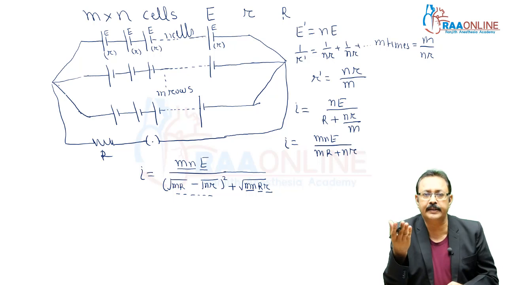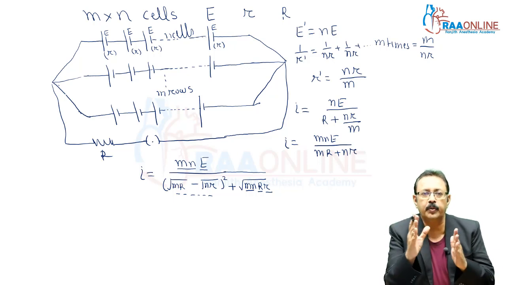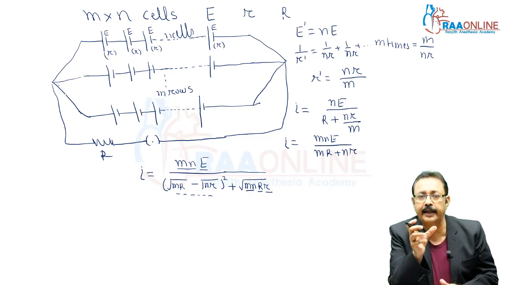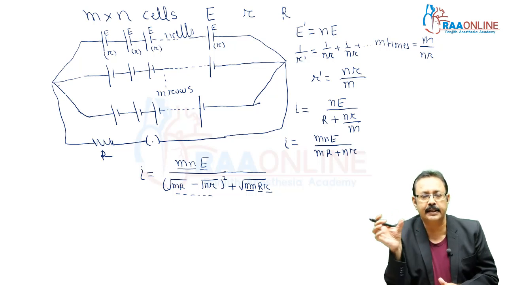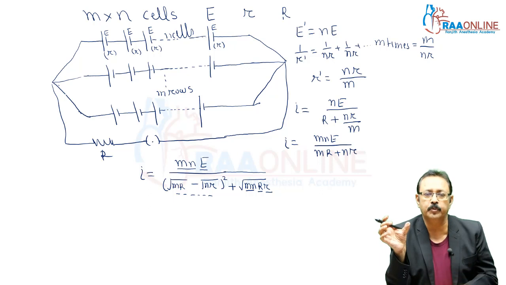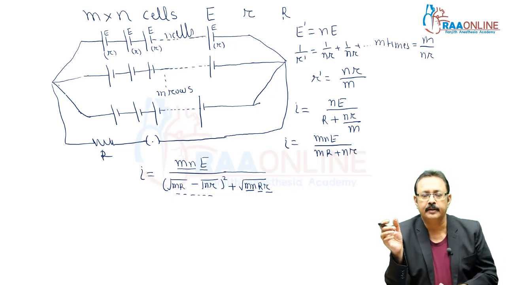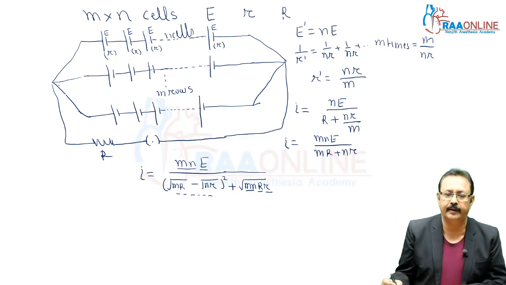Means if you have 6 cells, M into N is 6 constant, but you can change M and N. Take M 1 row, N 6, 1 row of 6 cell, or make M 2, N 3, 2 rows of 3 cells or 3 rows of 2 cells. You can change only m and n.